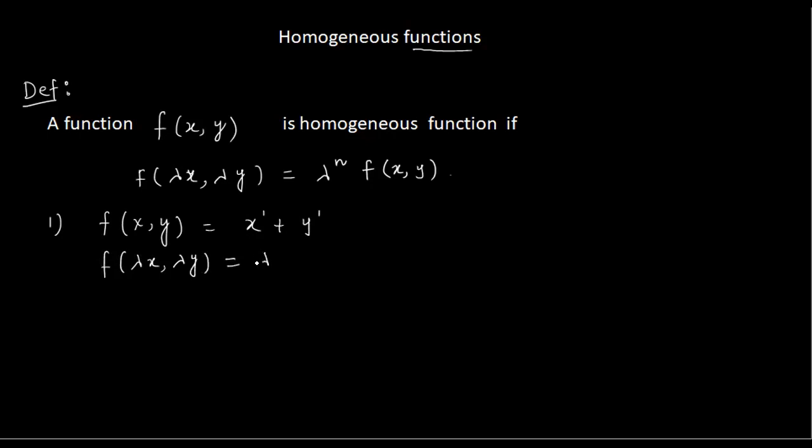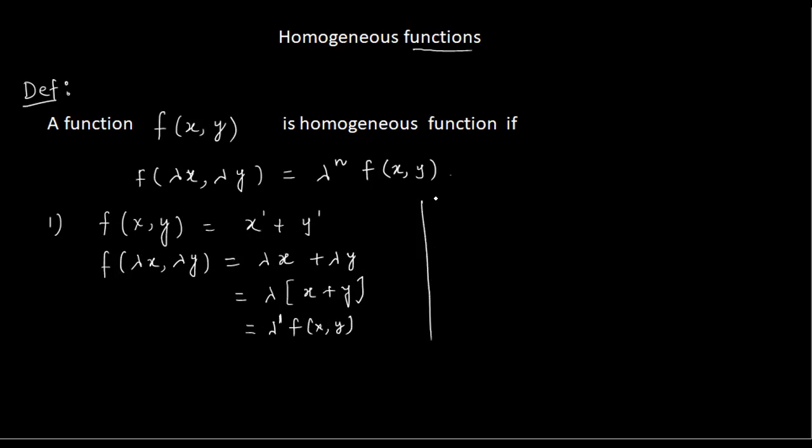So we get λx plus λy. Now λ is common, so let us write λ times x plus y. So this is λ times f of x, y. So it is a homogeneous function of degree 1.